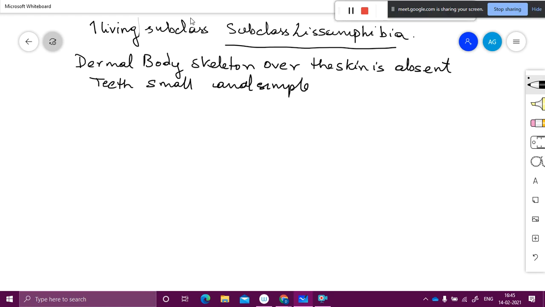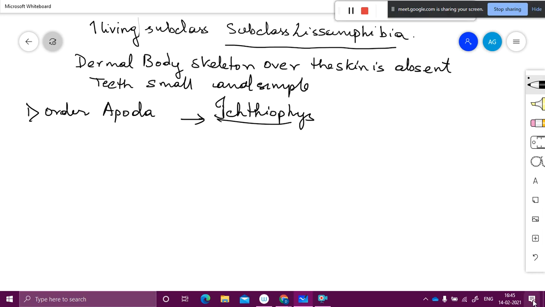So they have three orders. The first order is order Apoda or Gymnophiona. Example, Ichthyophis. Let's have a picture. Look at Ichthyophis.